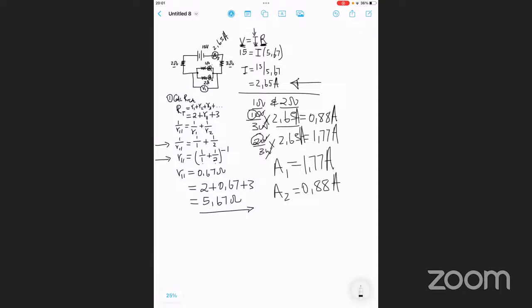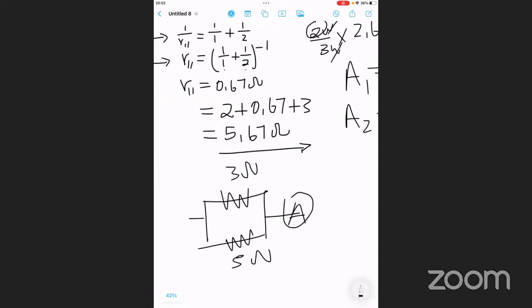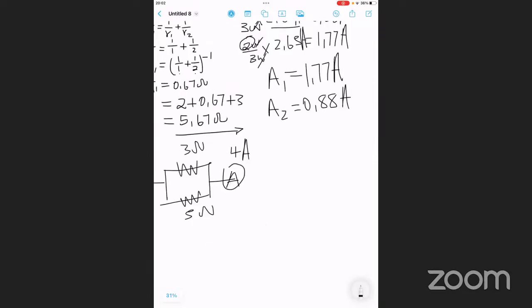If, for example, we had 5 ohms and 3 ohms, and the current there is, let's say, 4, what I would do is take 3 over the total, which is 8, and multiply it by 4. You get the answer. Then you go to 5 over 8 and multiply it by the current. You get the answer.